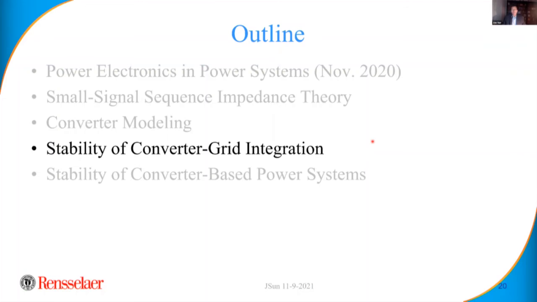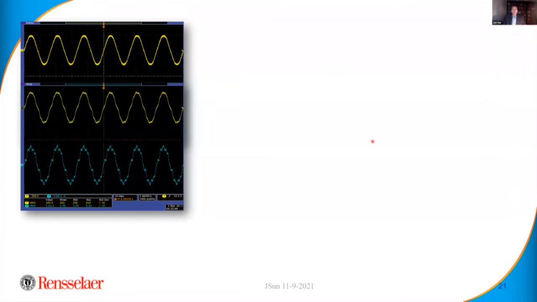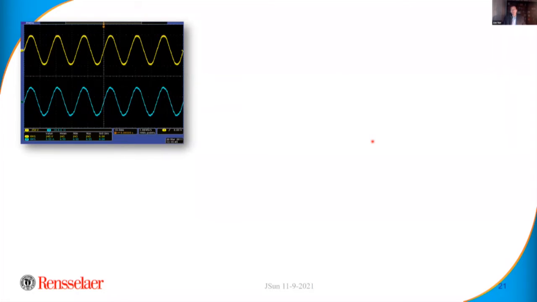I want to just give you some examples to show how we perform that kind of analysis, right? But first of all, just some measurements to show what kind of problems we're talking about. So this is a really old measurement, almost 15 years old, from when we first started.